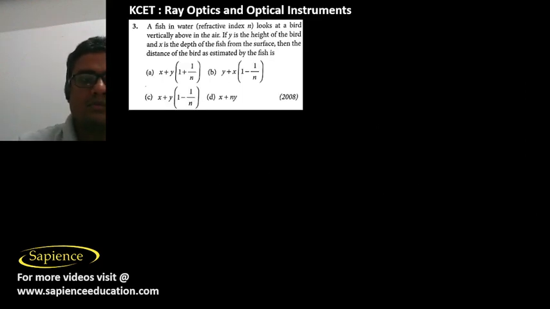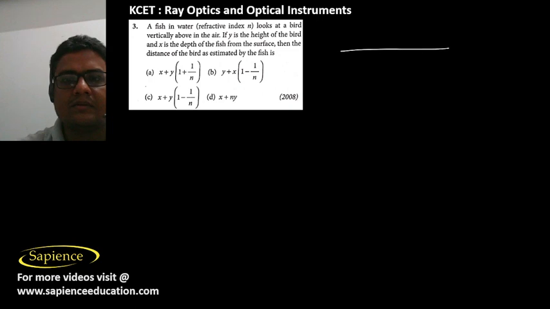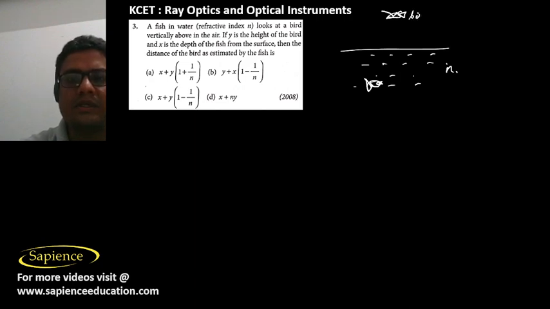Then in question number 3, it is told that a fish in water having refractive index n looks at a bird vertically above in the air.